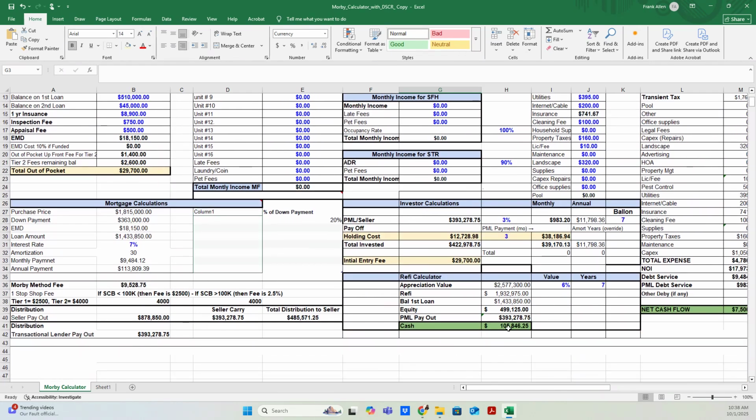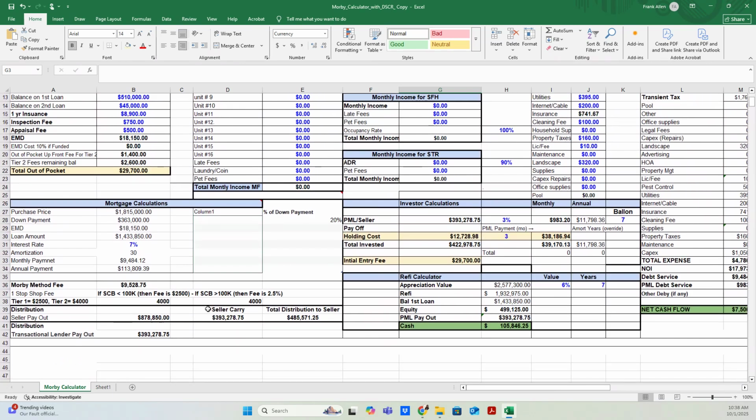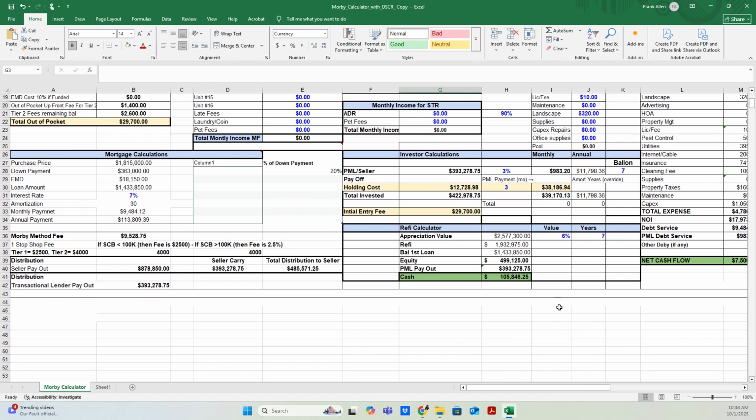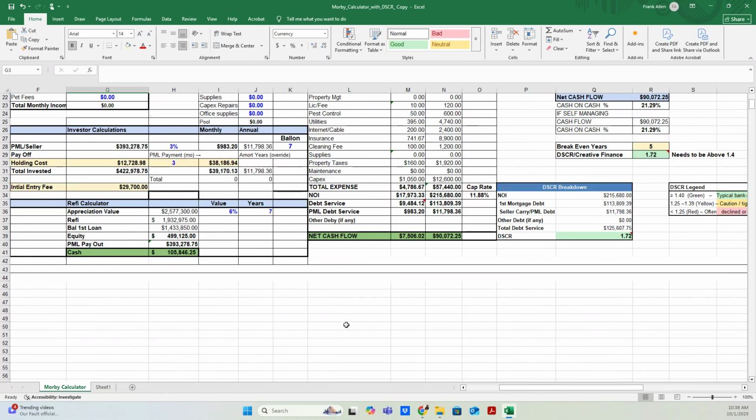So eventually what I'm going to do is take the single family out and probably put it on a separate sheet. And then I'm going to add down here when you refinance and what that new loan looks like and what that new mortgage payment is based on the revenue that you'll have coming in 7 years from now.